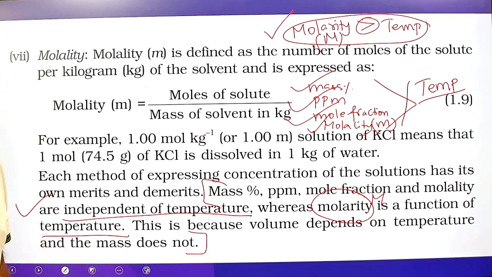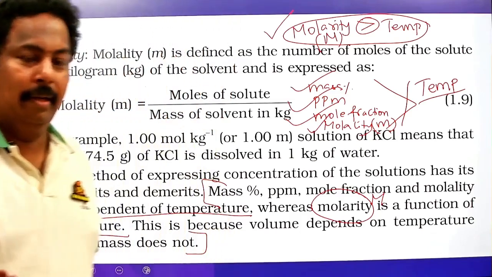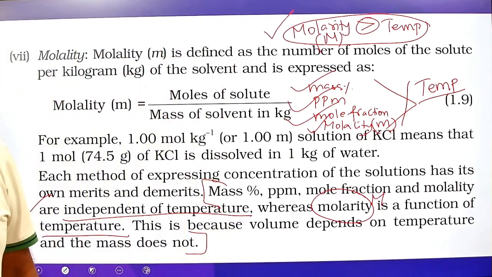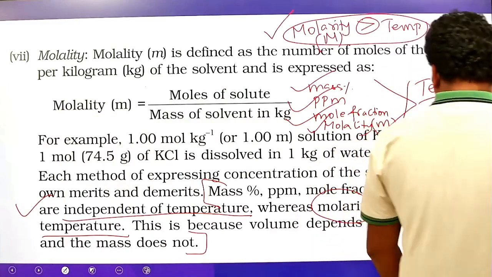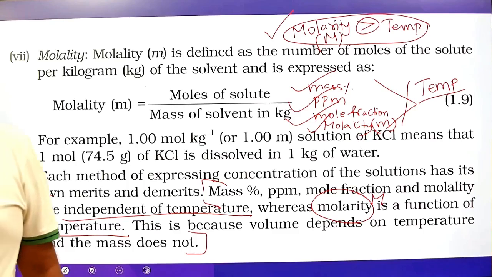First line will be, I want it in your book, because you need to remember: mass-based concentration terms like mass percentage, ppm, mole fraction, and small m, and small m does not depend upon temperature.